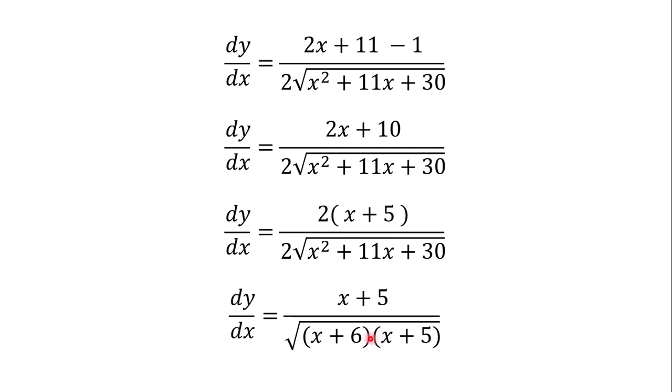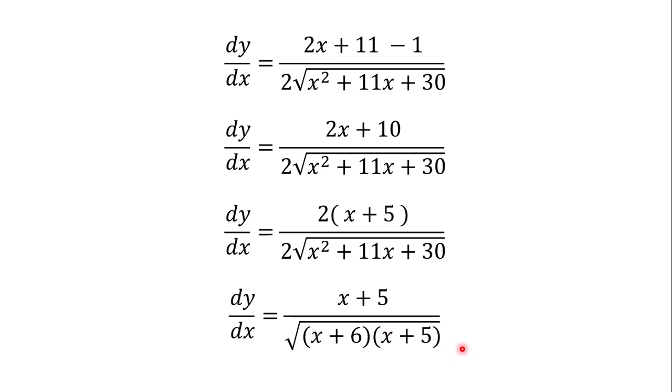So we're just going to multiply the whole of this one by the whole of this one. That is x plus 5 over square root of x plus 6 times x plus 5, times square root of this one divided by this one.